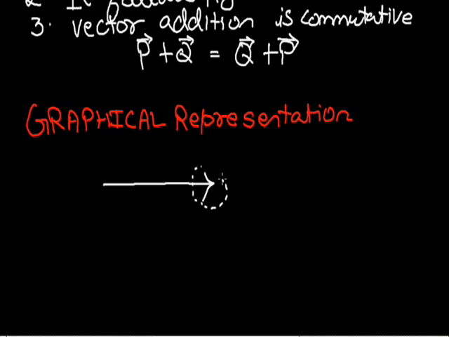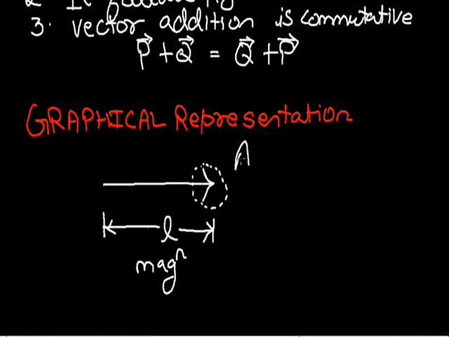Okay, this is the arrowhead, and this length L of the line represents the magnitude, and this arrowhead shows direction.